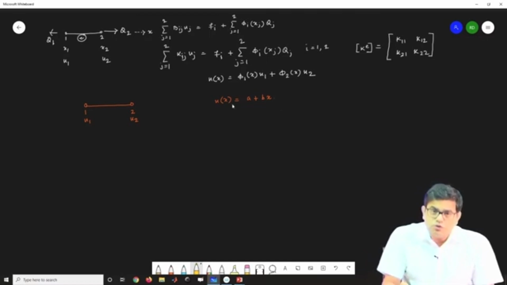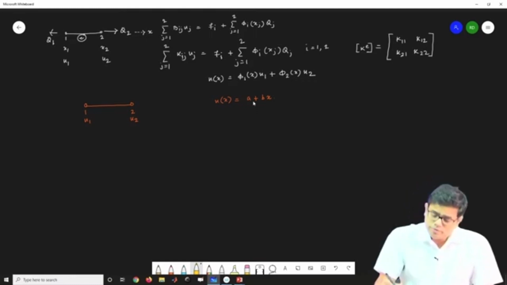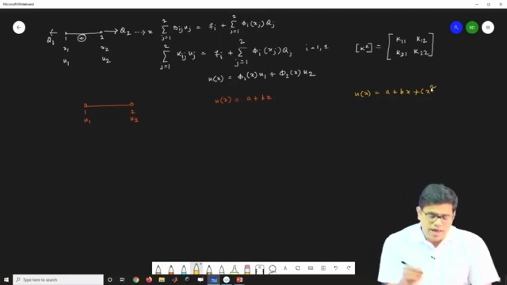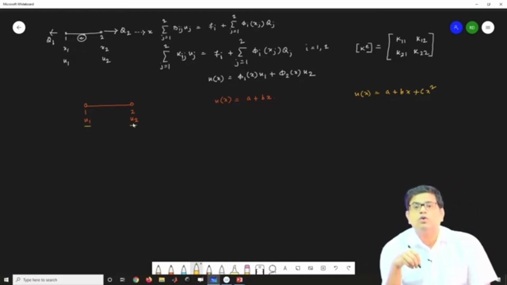Our objective is to find u of x and these two constants. Why didn't I consider 3 constants, something like u of x equals a plus bx plus cx squared? I can choose this also, but it will be difficult because I have 3 constants and only 2 conditions to satisfy, u1 and u2 at node 1 and node 2.